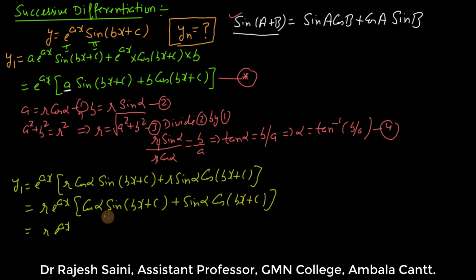Now use the formula, sine a plus b. It will be sine bx plus c plus alpha, and you are going to name this equation as equation number 5.